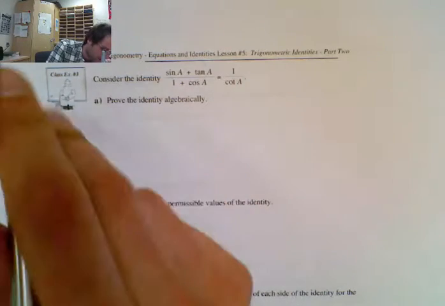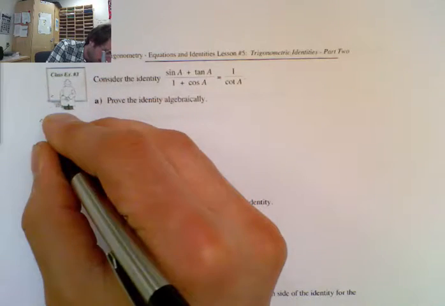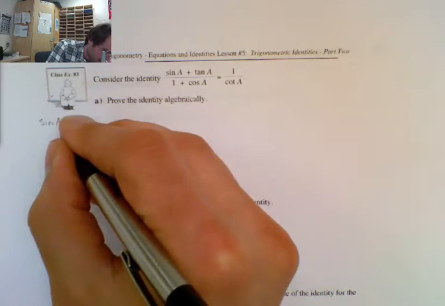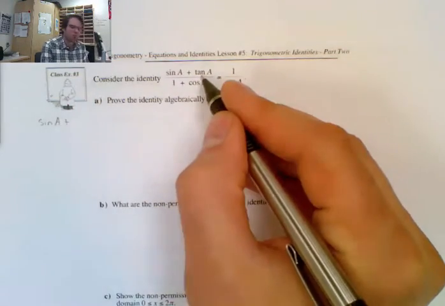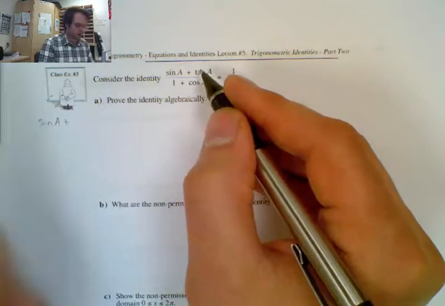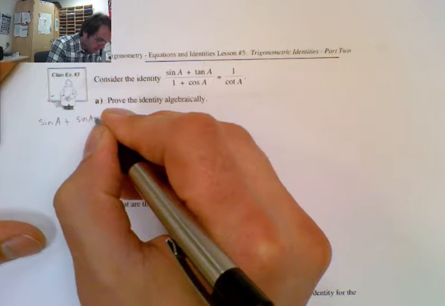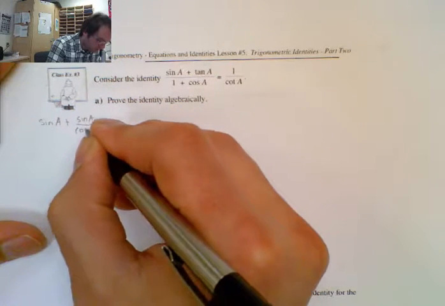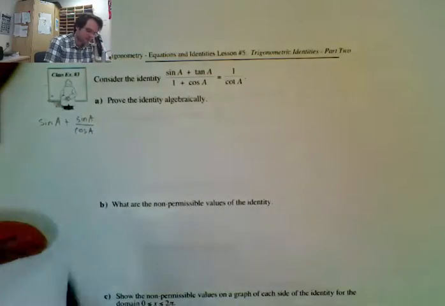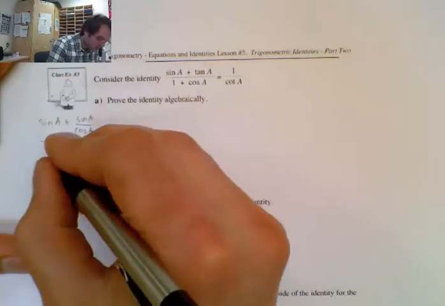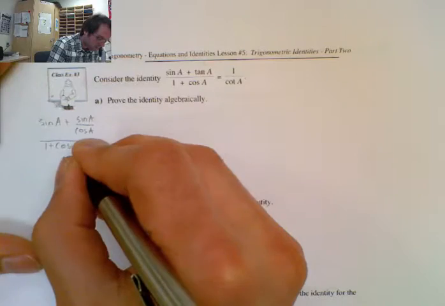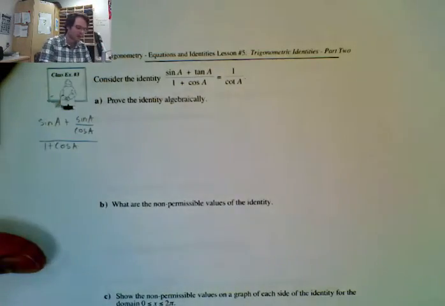So I have sine a plus, well, tangent. I'm going to put this into forms of sine and cosine. So I'm going to have sine a all over cos a. Okay? And that's going to be all over 1 plus cos a. Now, I want to simplify this a little bit more.